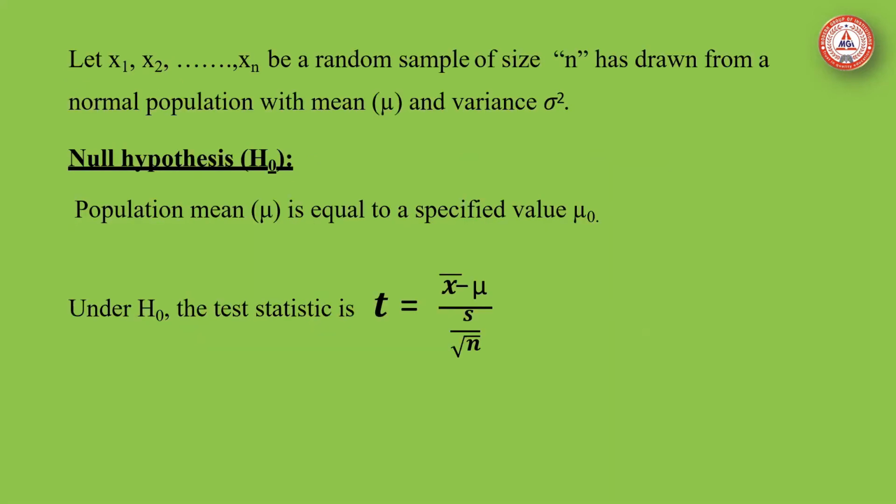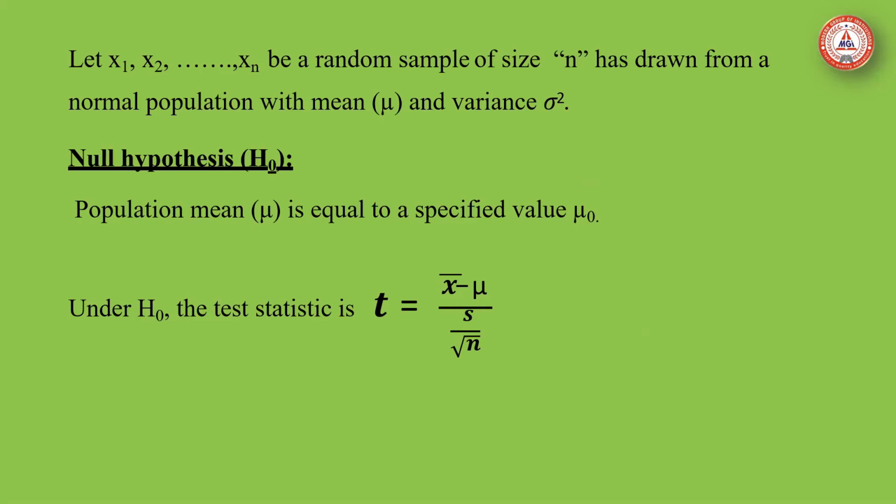For example, let x1, x2 up to xn be the random sample and size of the sample is n, drawn from a normal population having mean mu and variance sigma square. According to null hypothesis, population mean mu is equal to specified value mu 0.